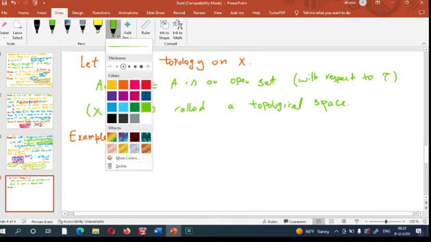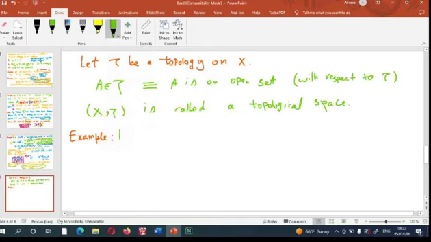Let X equal to real numbers and tau equal to these subsets of real numbers.